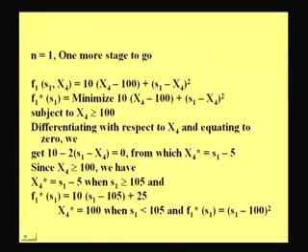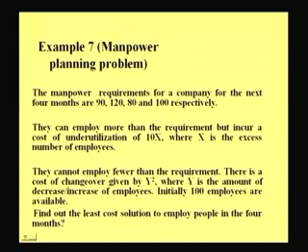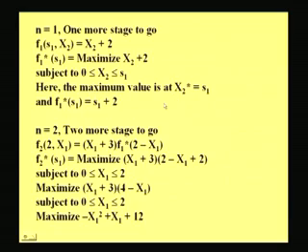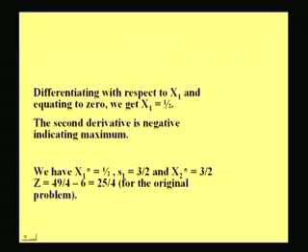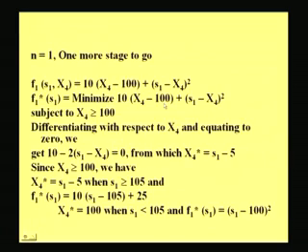The requirement for the 4th month is 100. So, number of people who are going to be employed in the 4th month will have to be more than 100. So, if it is more than 100, then x4 minus 100 is the excess number of employees who contribute to the underutilization cost. So, the underutilization cost is 10 times (x4 minus 100).